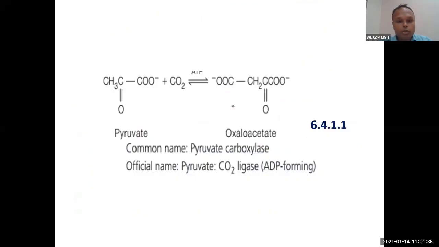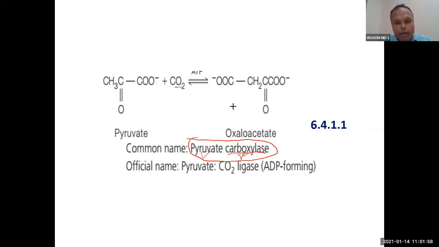I'll show you now. You can see here, this enzyme is pyruvate carboxylase. What does carboxylase mean? This enzyme is adding CO2. That is why this is called carboxylase. And this enzyme is adding carbon dioxide to which molecule? Pyruvate.